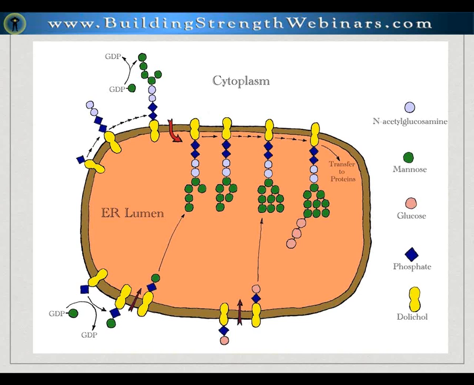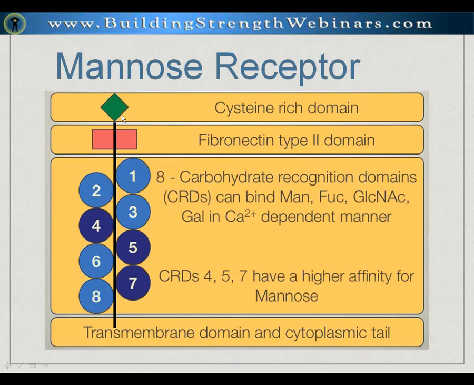And then, how is mannose moved? Well, we have mannose receptors, and mannose receptors are on macrophages, your liver and lymphatic endothelial cells, and your dendritic cells, and they are turned on by mannose. So the more mannose you have, the more of these receptors you make.